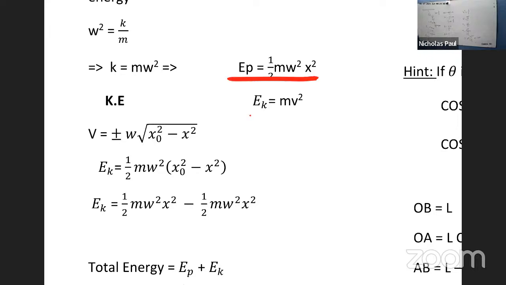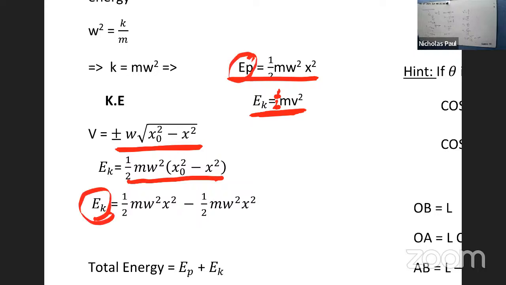Now, I can find kinetic energy by using a half mv squared, and I'm using this formula here for velocity. I square it up, I'll end up with this. Now, if I were to add kinetic energy and potential energy, you'll recognize that this will cancel off with this.